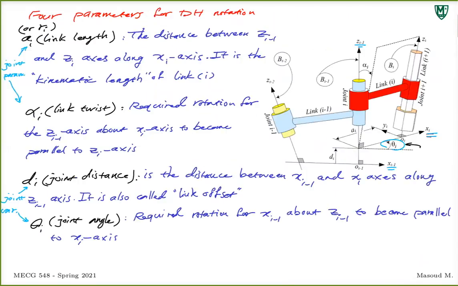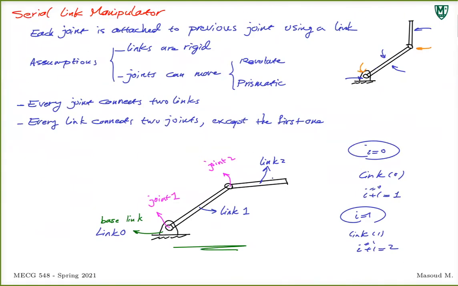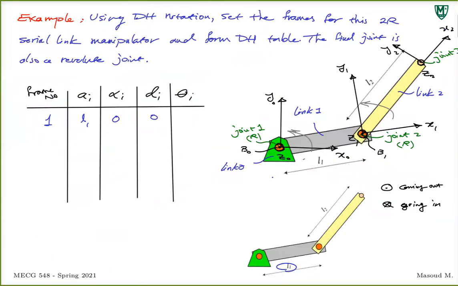Finally, theta i is the required rotation for x_{i-1} about z_{i-1} to become parallel to the x_i axis. Plug in i equals 1. So it is the rotation that x0 has to go through about z0 to become parallel to x1.